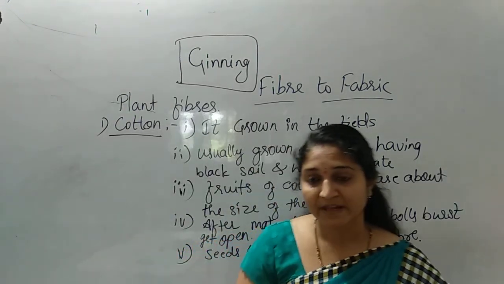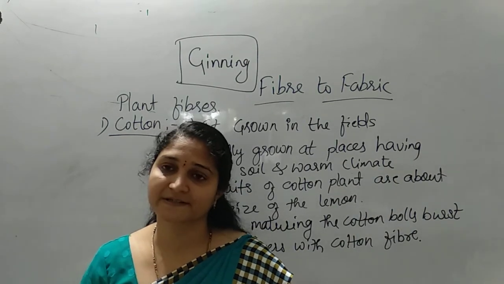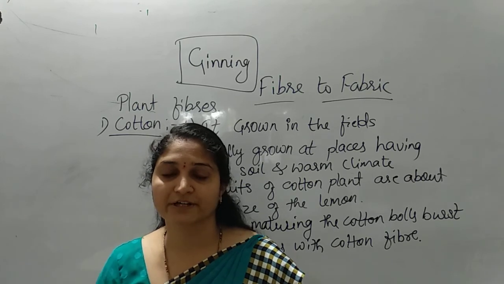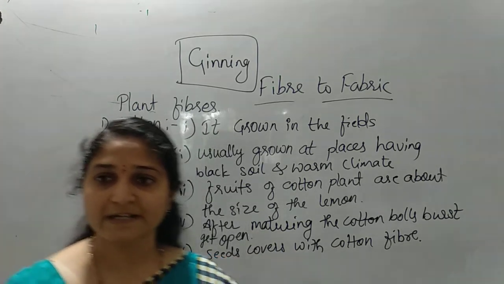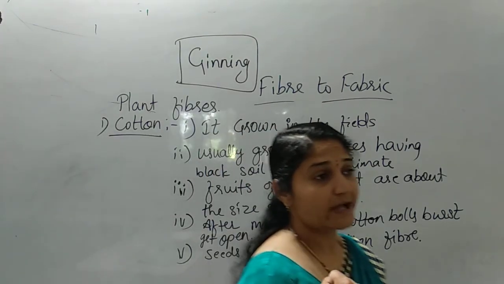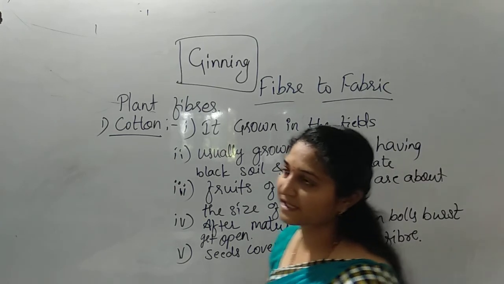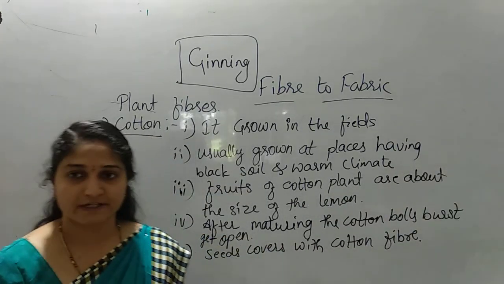Nowadays, due to technology, there are some instruments or machinery to pluck the cotton from the fruit, right? So the cotton is plucked out from the fruit, and the cotton is covered with some seeds. Those seeds are inside the cotton fiber.